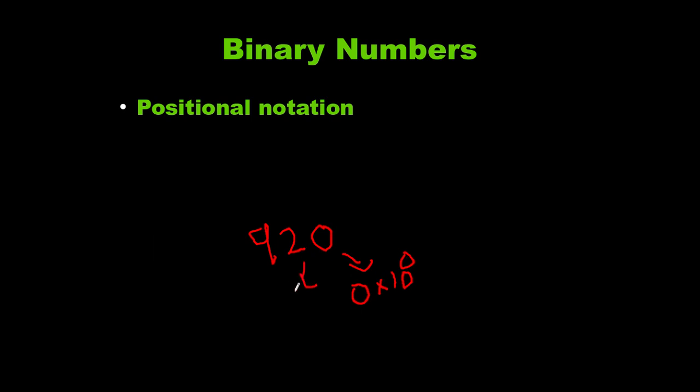This 2, what does it represent? 2 multiplied by 10 to the power 1. Its position: this is position 0, position 1, position 2. 10 to the power 1 is 10, multiplied by 2 is 20.